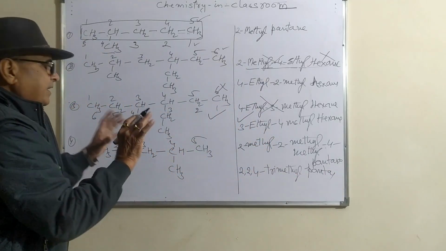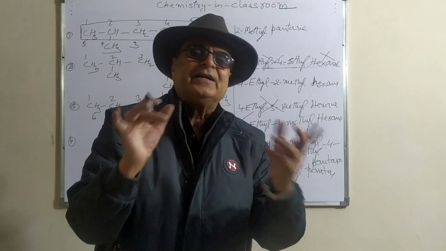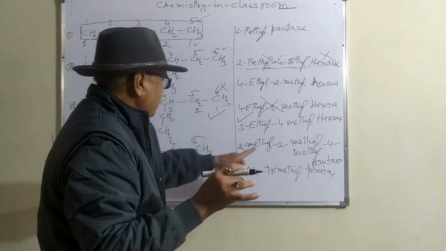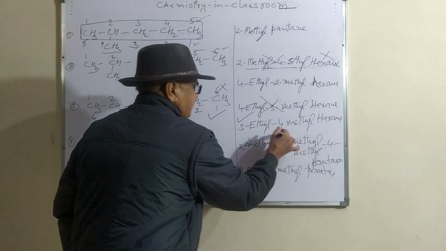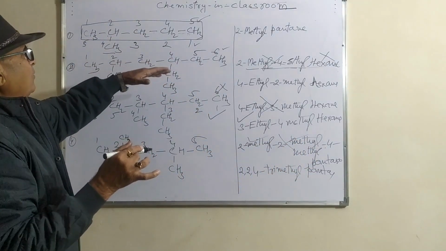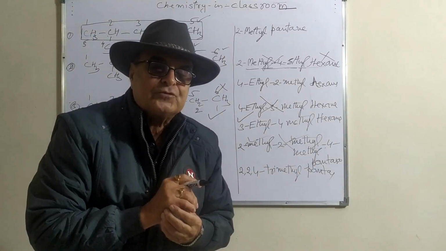All these substituents which have the same name should be written with di, tri and so on. So here, it is trimethyl. No, you will not write it in the separate way, 2-methyl. No, it's the wrong way. So this is how you locate the substituent group.